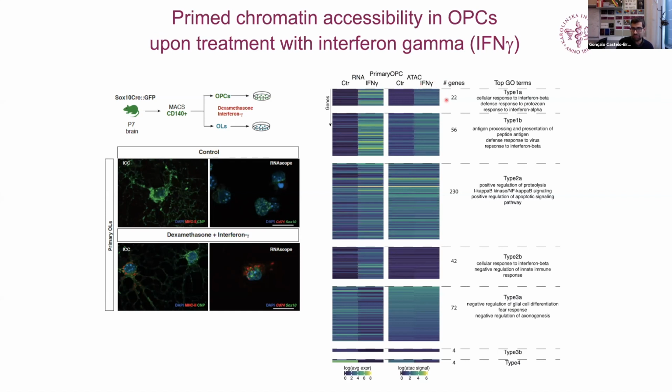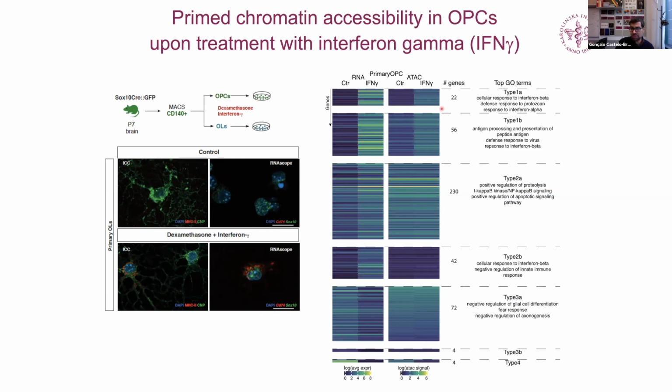And what they observed is again similar to what we had observed in our single cell ATAC-seq data in the mouse model of MS, that there were category type 1b and type 2a genes. For instance, type 2a genes did not change the chromatin accessibility but had an increase in RNA, or genes that have an increase in chromatin accessibility but were already at an intermediate priming stage at control conditions.